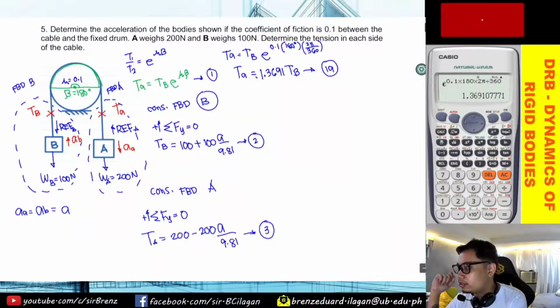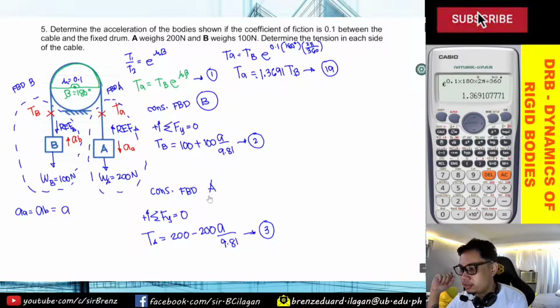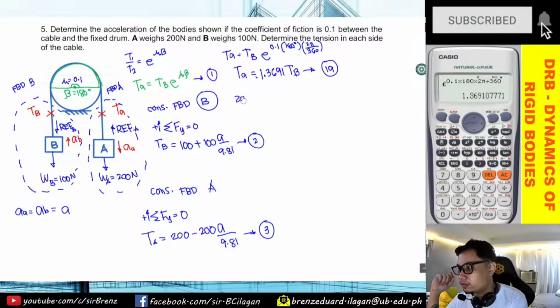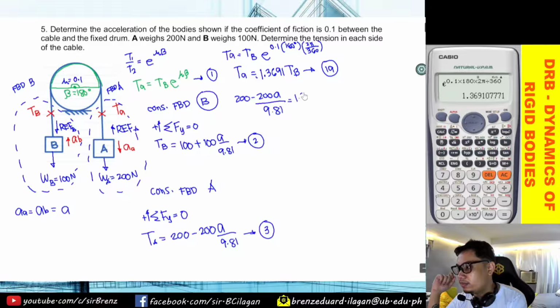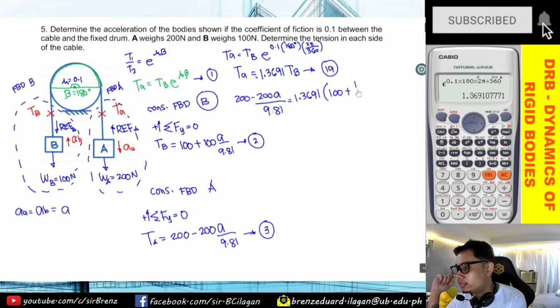So itong equation 2 and 3, substitute ko lang dito para makakuha tayo ng value for the acceleration. So substitute lang natin yung TA is equals to this one. So 200 minus 200 times the acceleration A all over 9.81 equals to 1.3691 multiply by 100 plus 100 times the acceleration over 9.81. So what will be the acceleration?